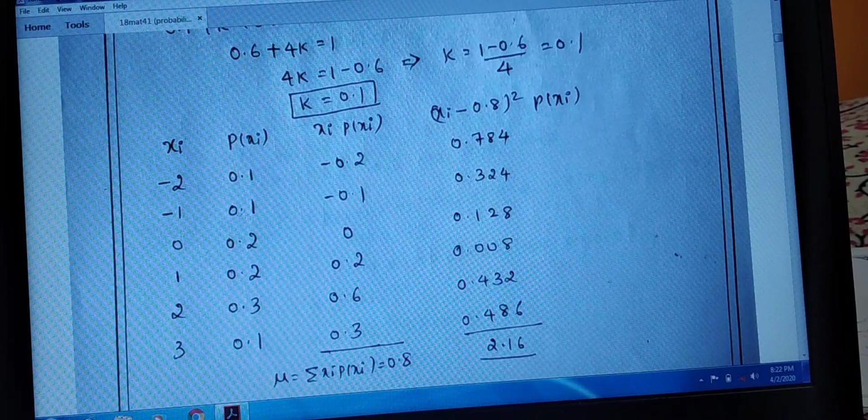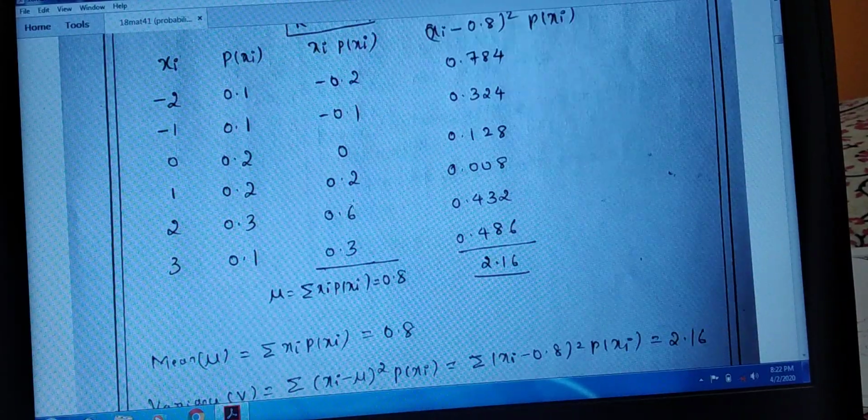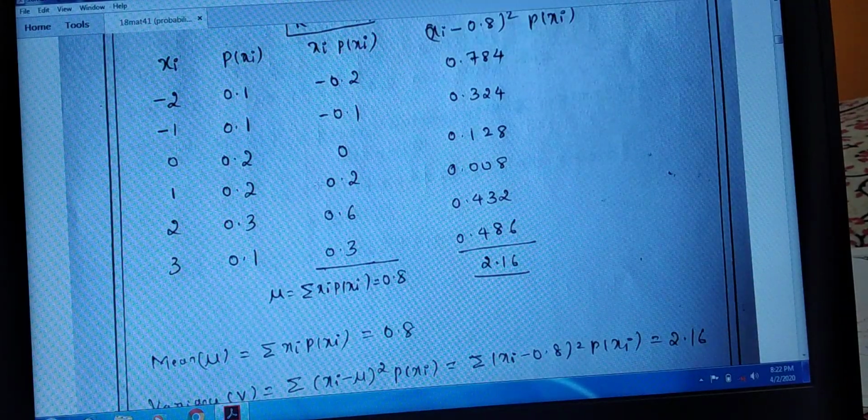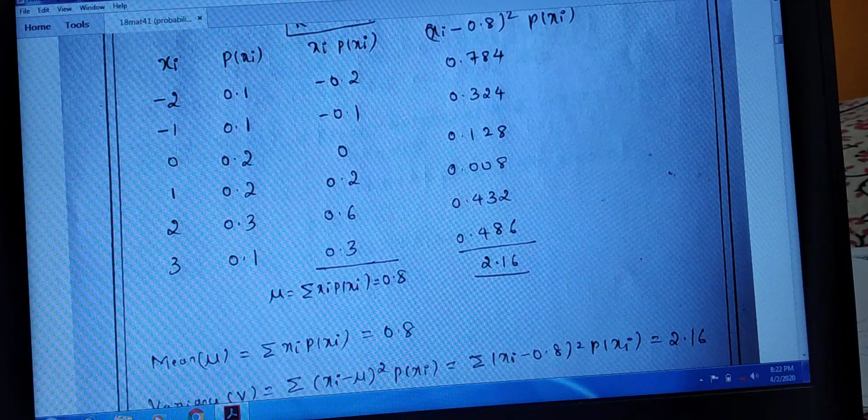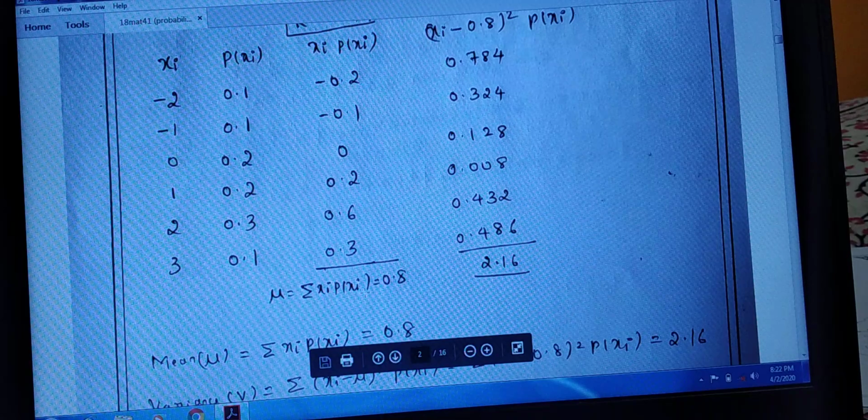Like this, you get all your xi into p of xi values, and the sum of all these values will be equal to mu, that is the mean, which is equal to summation of xi into p of xi. So you will get the answer as 0.8. You have to add all these values, and the sum will be equal to 0.8. This is the mean for the given problem.